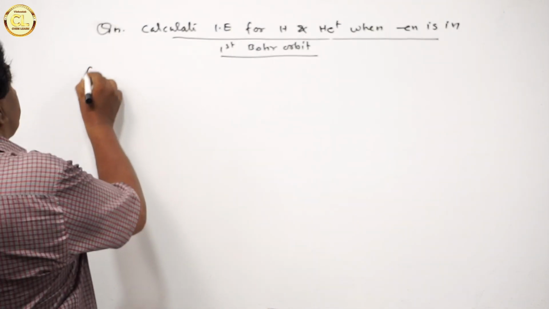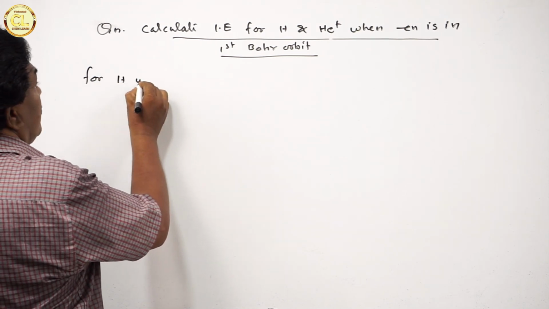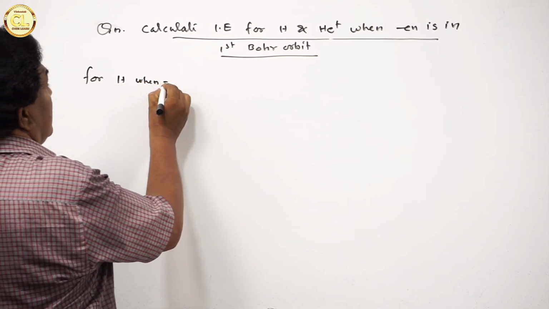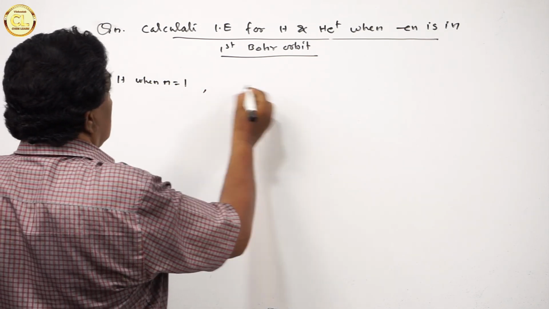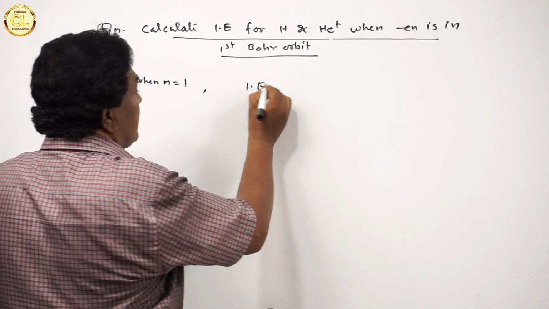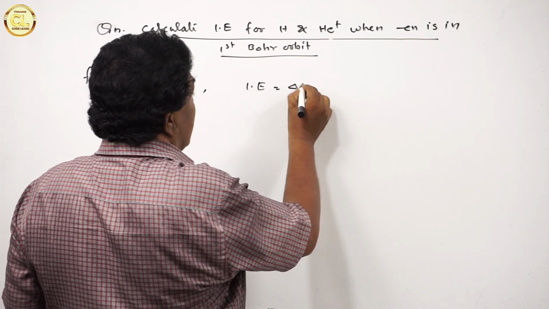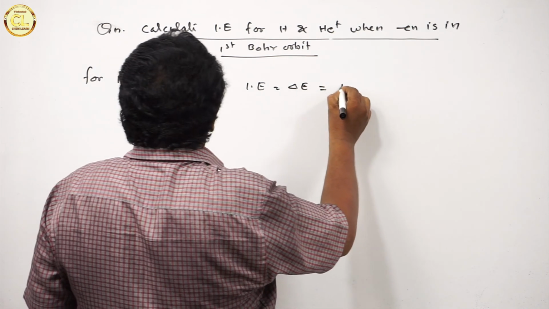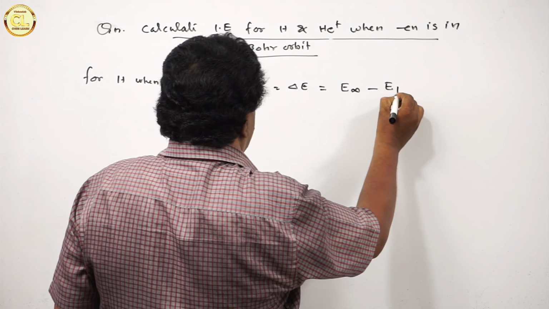For hydrogen, when n is equal to 1, the ionization enthalpy or ionization energy is expressed as I is equal to delta E is equal to E infinity minus E1.